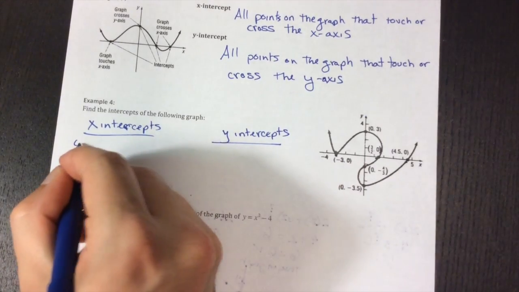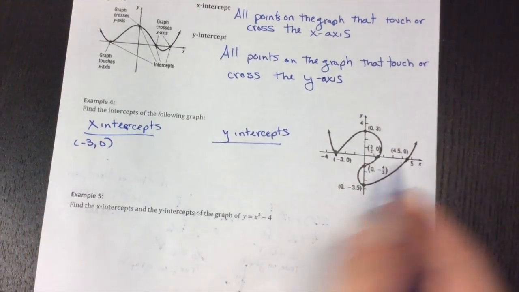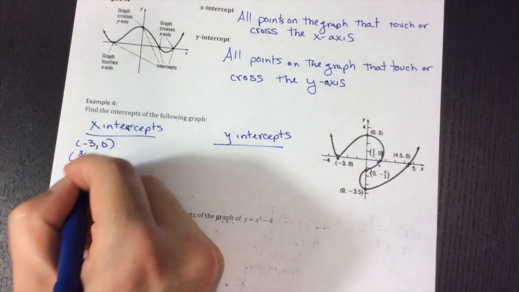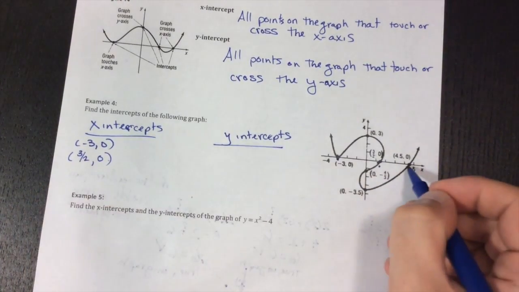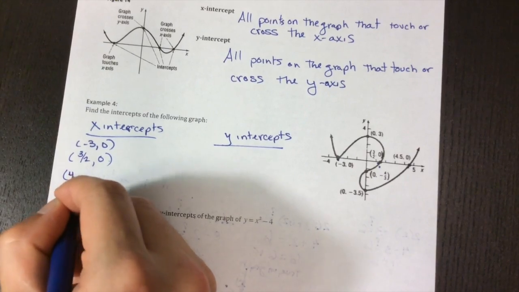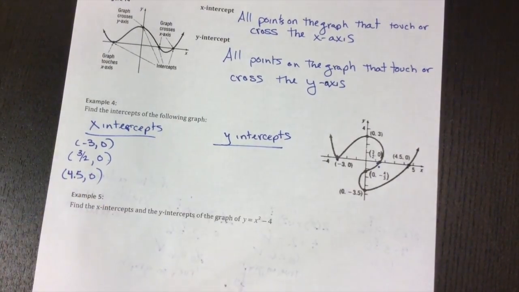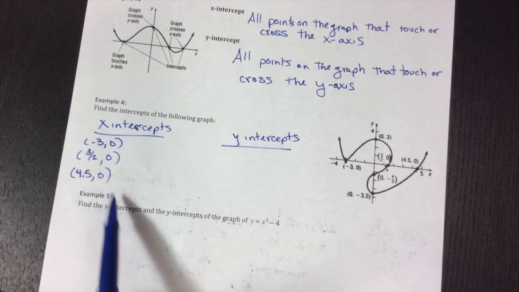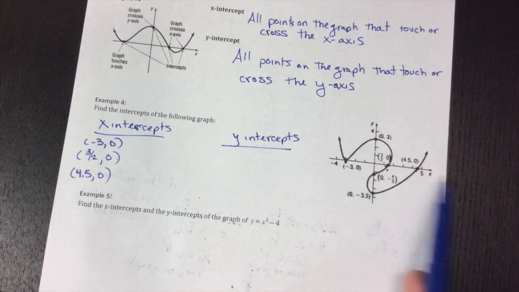So I've got -3, 0. I've got 3/2, 0. And I've got 4.5, 0. Notice what is 0 each time you have an x-intercept. The y is 0. And the y is 0 on the x-axis.